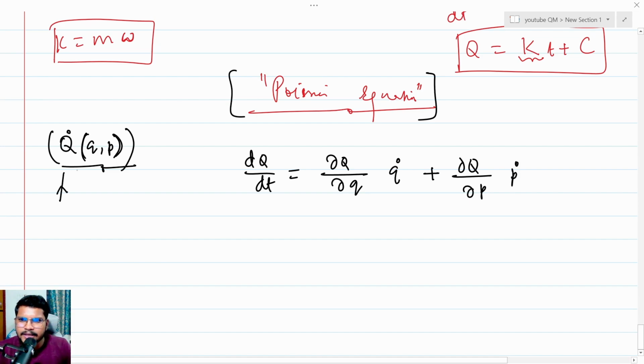Let's say it is not explicitly depending on time for a moment; if it were, you would just add del Q by del t. But for a moment, let's ignore this quantity.